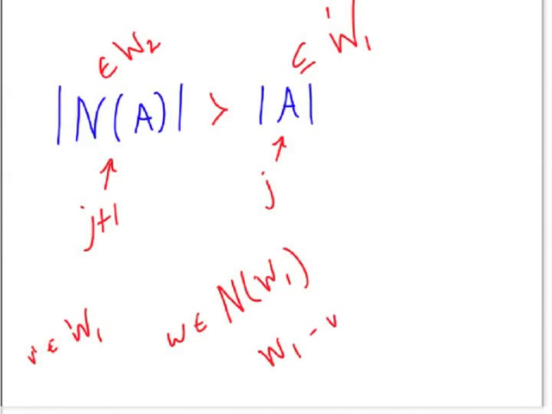So W1 minus V prime and W2 minus vertex W.